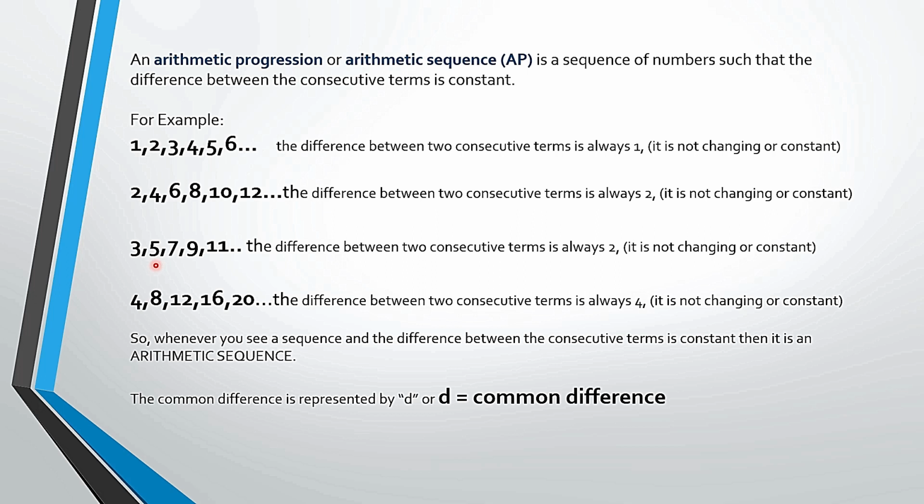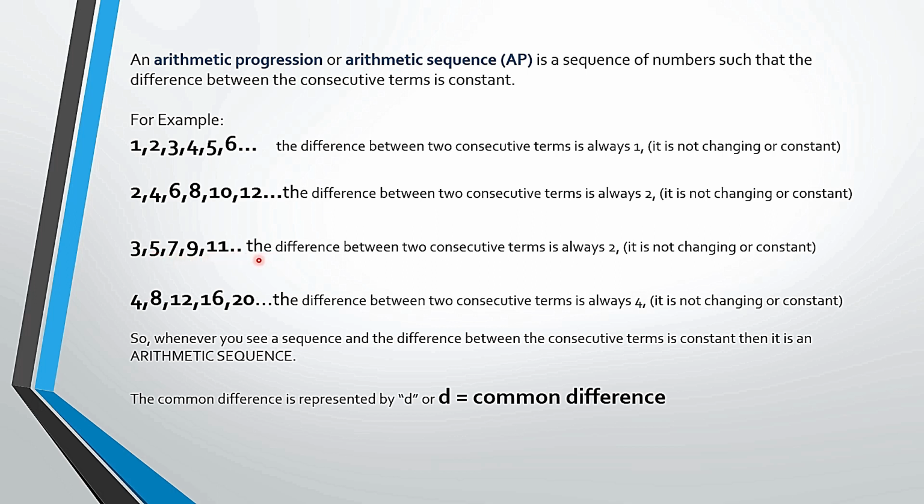Example number 3. 3, 5, 7, 9, and 11. The difference between two consecutive terms is always 2, and it's not changing all throughout. 5 minus 3 is 2, 7 minus 5 is 2, and so forth and so on.